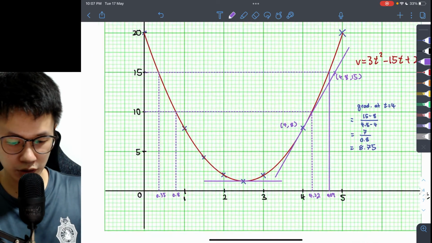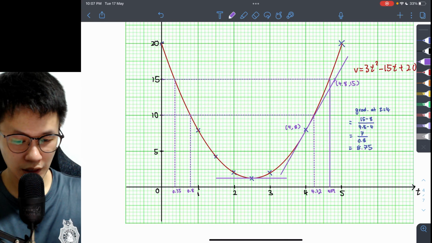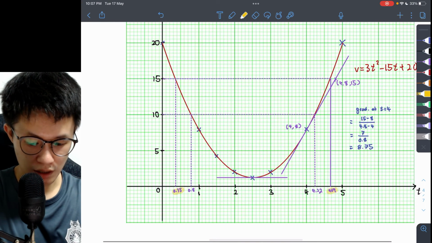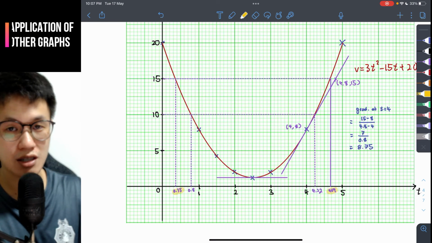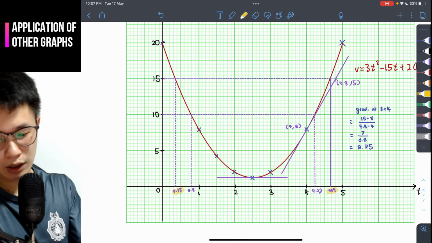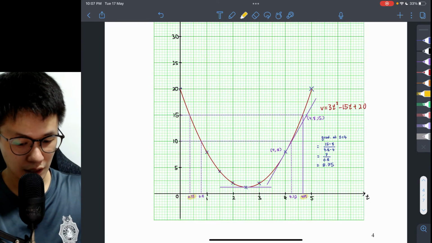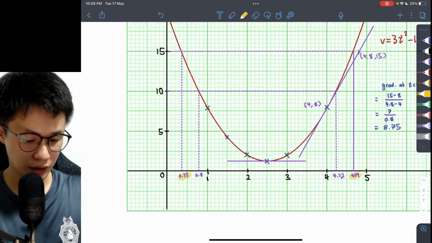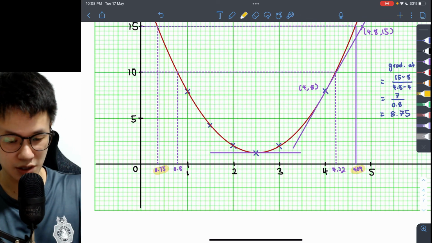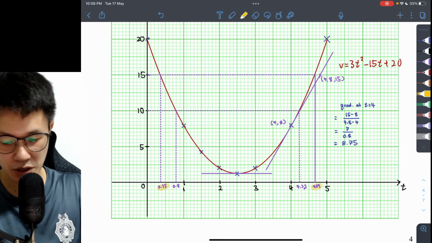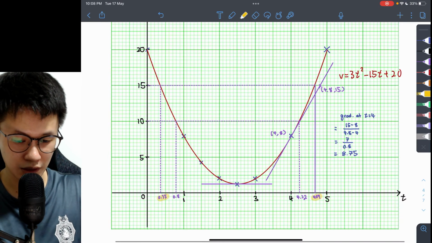Okay, so if you think about it, the time between 0.35 seconds and 4.69 seconds, the speed will always be lower than 15 meters per second. I say again. So between the highlighted ones, 0.35 and 4.69, can you see that the speed will always be lower than 15 meters per second?